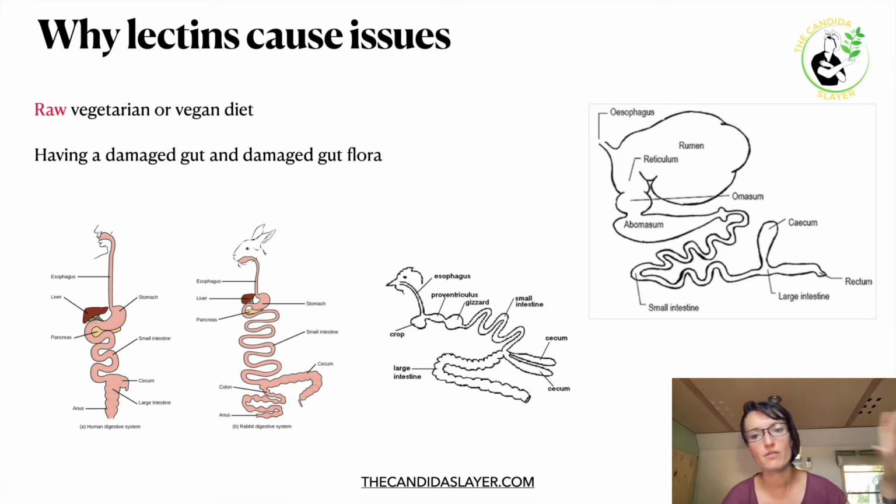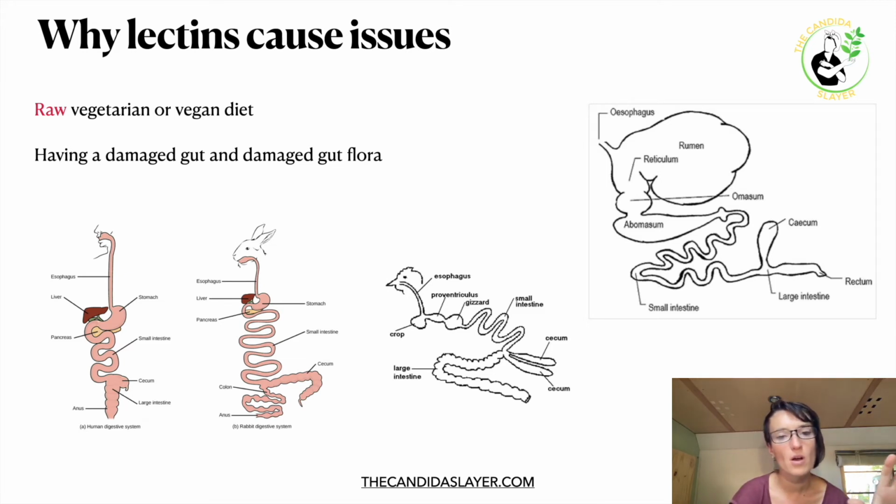With her 4 stomachs and big cecum, the cow can extract all the nutrition from plant foods and can deactivate the anti-nutrients. The chicken has a crop and a big cecum. These 2 organs deactivate the anti-nutrients and extract all the nutrition from the plants, so the chicken can get nutrition from seeds and grass and stuff like that.